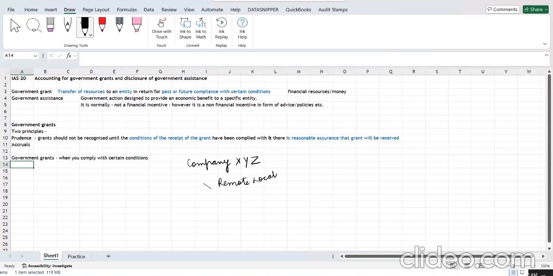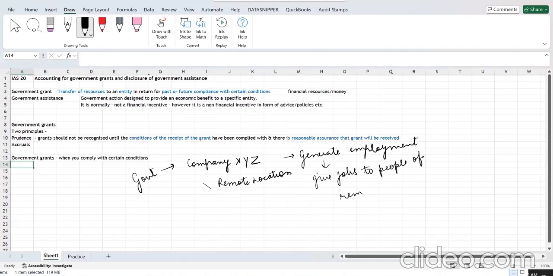Remote location. Okay, so the government comes to company XYZ and says that if you generate employment and give jobs to people of remote areas, then we will reimburse you, or give you a financial incentive, of 20% of their payroll cost.